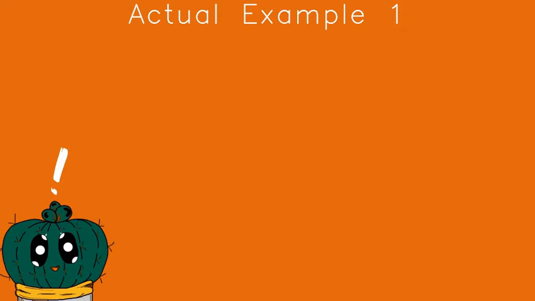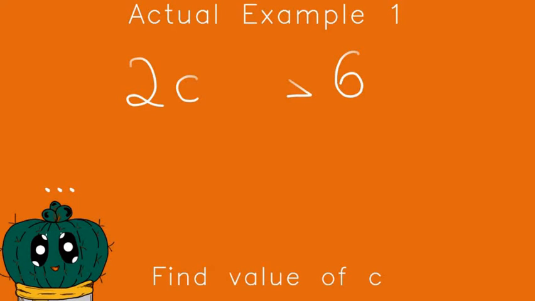Let's see the property in action with an actual example. Say you're given the inequality 2c is greater than 6, and you want to find the value of c. When you're trying to find the value of any variable, you have to isolate it. In this case, we're going to isolate it on the left hand side. So c should be alone, and we need to get rid of the 2.